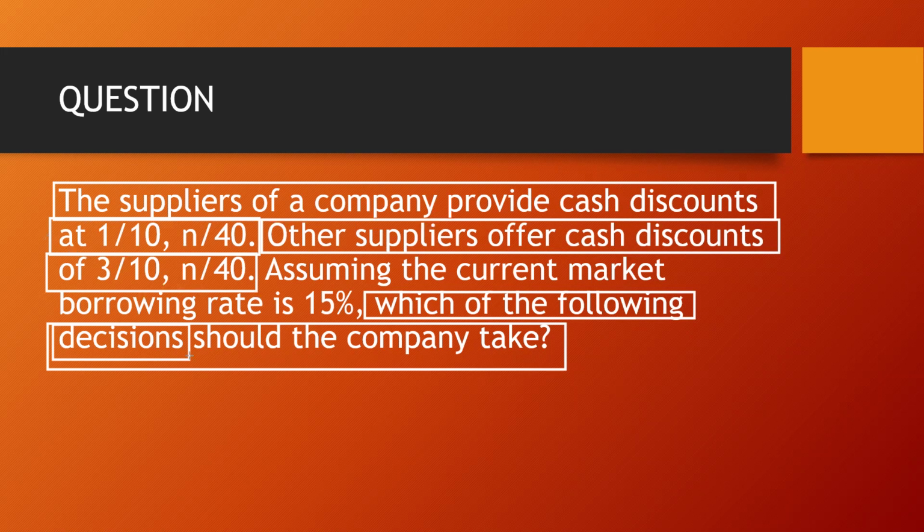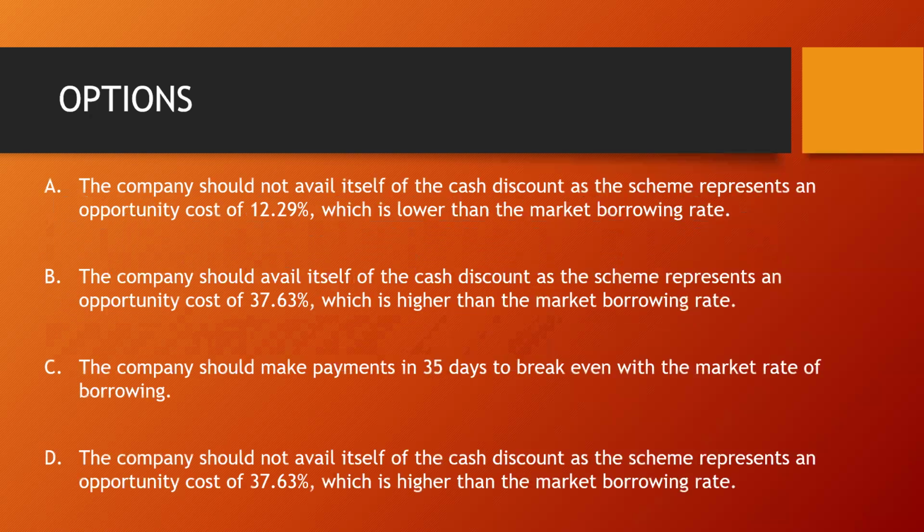That's the reason I made it, but I don't know whether they may or may not ask the options. If you read everything, they are asking whether you need to accept it or not, or whether to avail it. They're also showing something called break even.